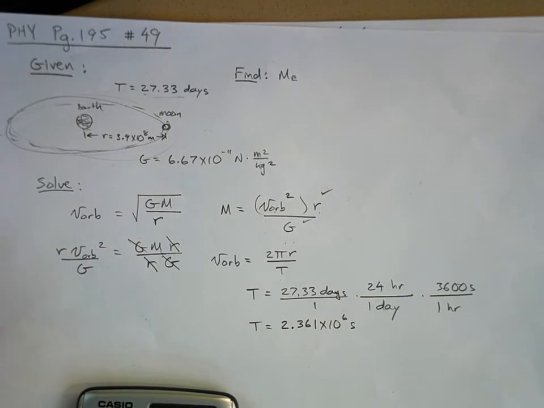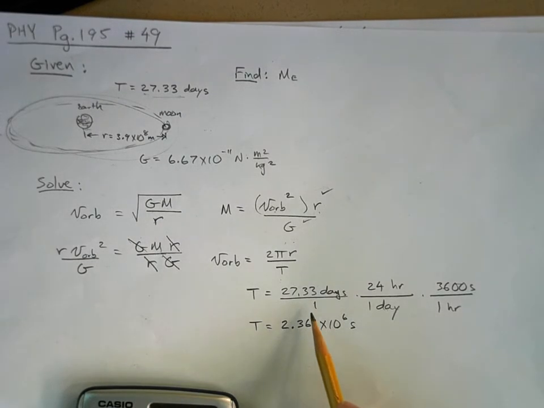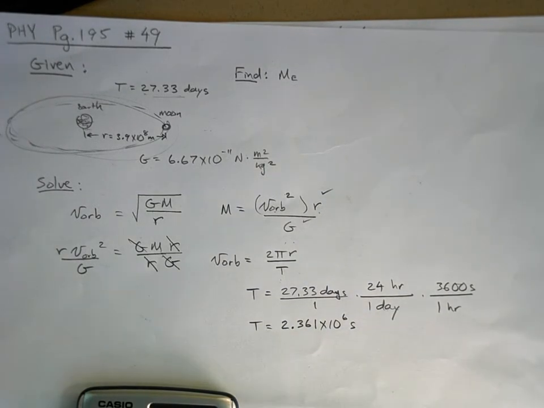Is that right? So think about this. A month, well, this is a little bit less than a month. So a month is about 2.5 million seconds. Let's think about that. That's kind of a cool thing to know, I think.